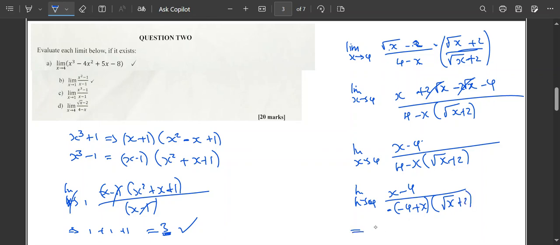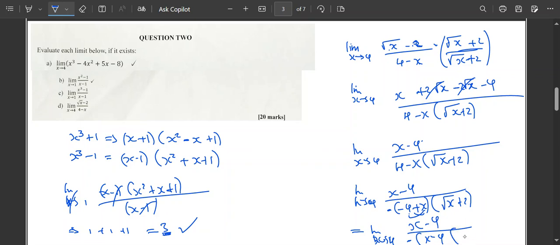So this one now, I can just rearrange inside there. So lim as x approaches 4, that will be x minus 4, then still have negative, then open bracket x minus 4. I have just rearranged this one, then this one comes there.